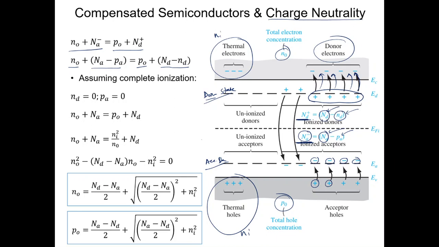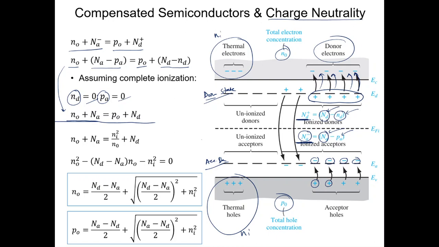Now if you assume complete ionization, that is a scenario when none of the acceptor states and none of the donor states remain un-ionized. So if complete ionization is there, then the number of states which are not ionized in both donor and acceptor levels will become 0. And if that's the case, you can rewrite this equation, and this becomes N naught plus Na equals P naught plus Nd.